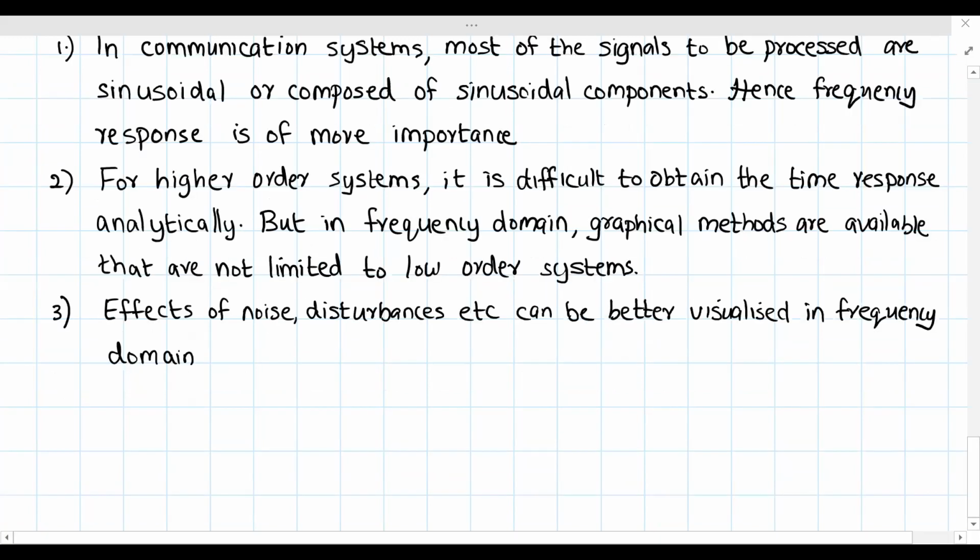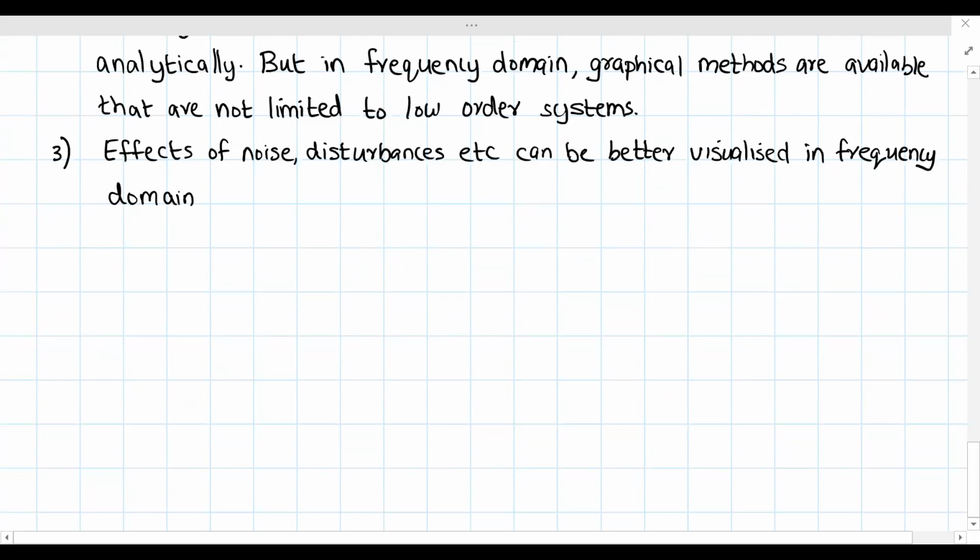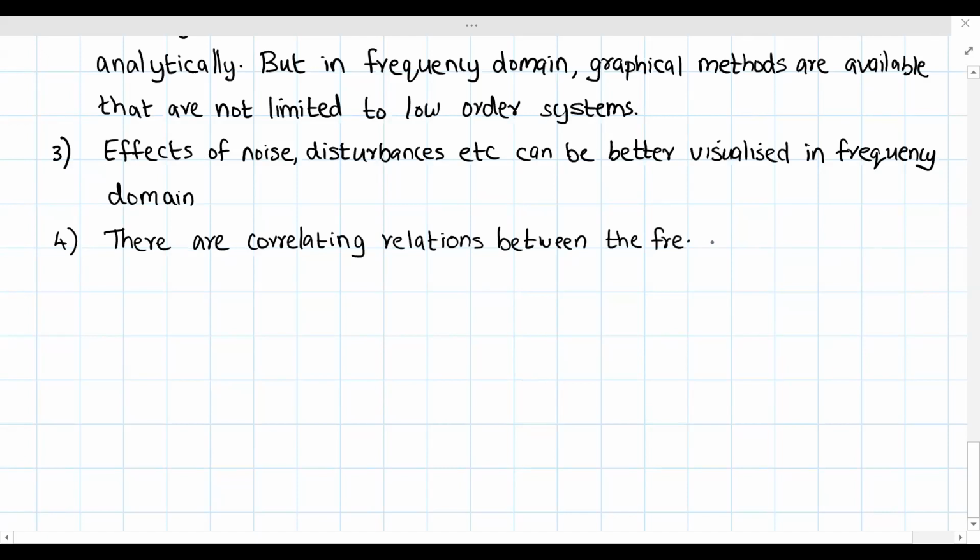And fourthly, there are correlating relations between the frequency domain and time domain performances.